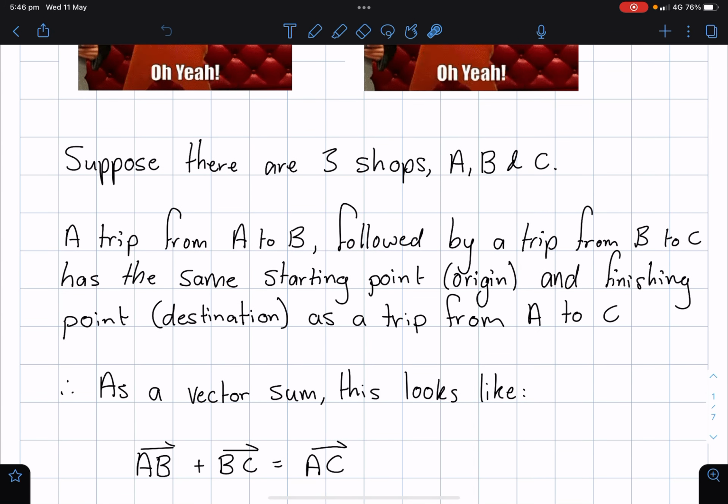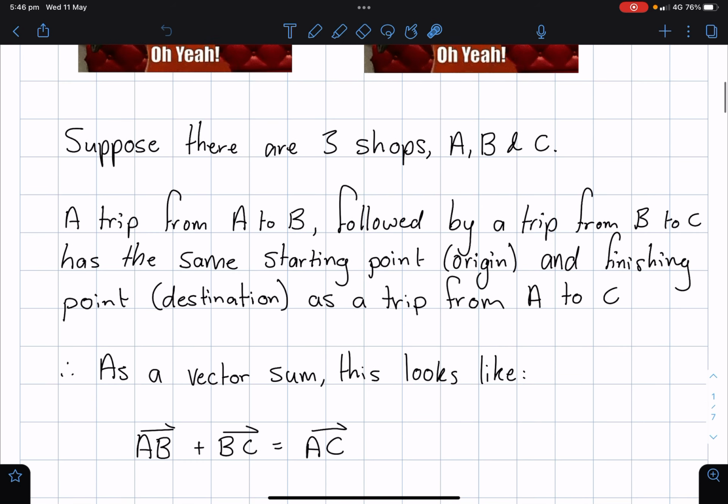So A to B plus B to C equals A to C. All right, notice that we actually have the first starting point, so the origin of the first vector and the destination of the second vector are actually the origin and destination of the resultant vector.